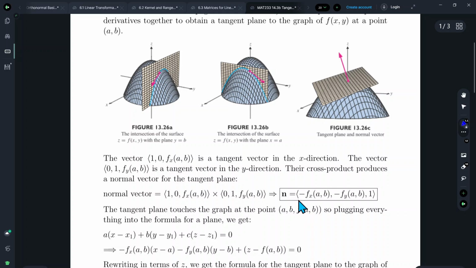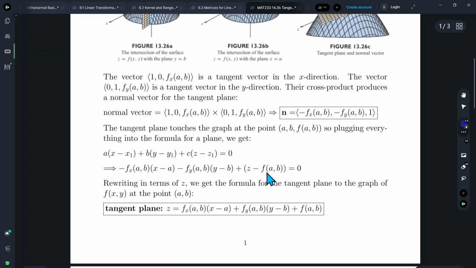So plugging all this information into the equation of a plane, you obtain this expression here. The normal vector A, B, and C is given by these coordinates involving the partials with respect to x and y, and then the x, y, and z coordinates of the point are exactly these coordinates here.